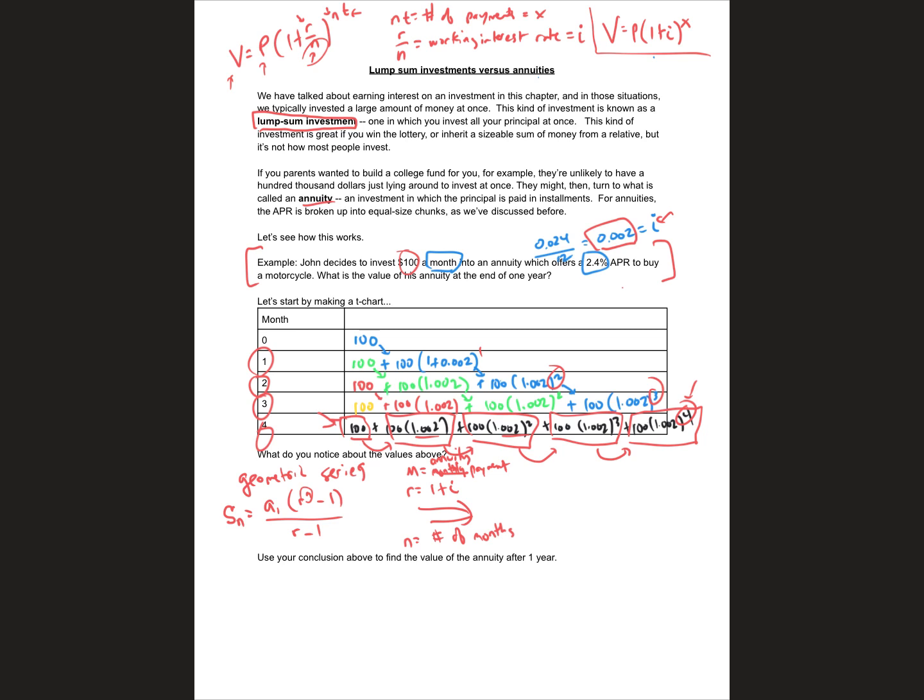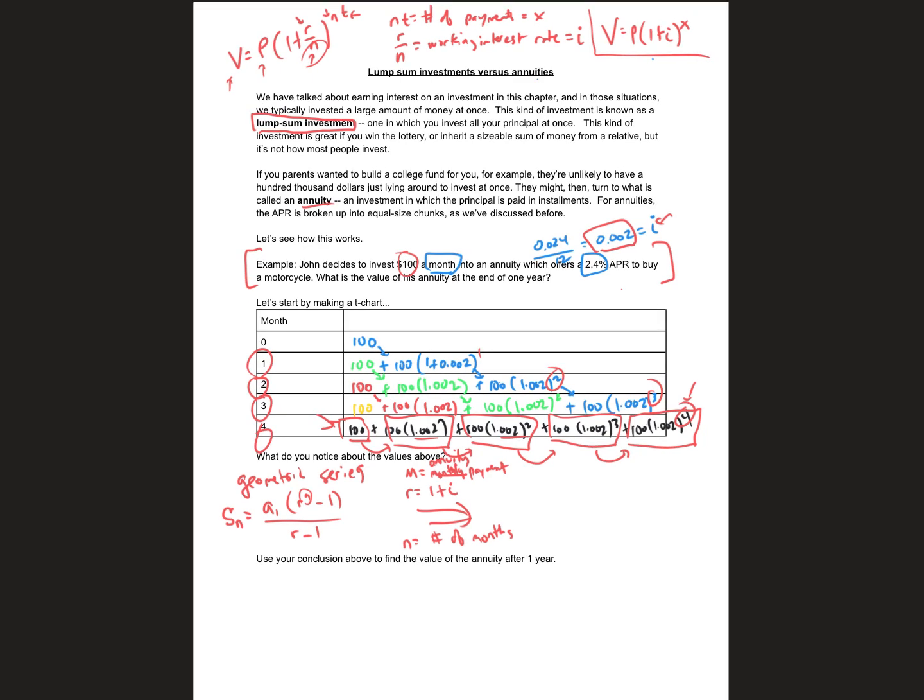So when I rewrite the formula in relation to money, the value of my whole investment will be all these things added together. So that's going to be V equals my first term, which again we said was the monthly payment, times my rate for the geometric series, which was 1 plus I, to the number of payments, which we're not going to call N. We actually gave that a different name.